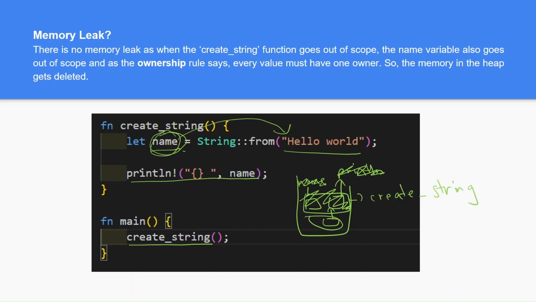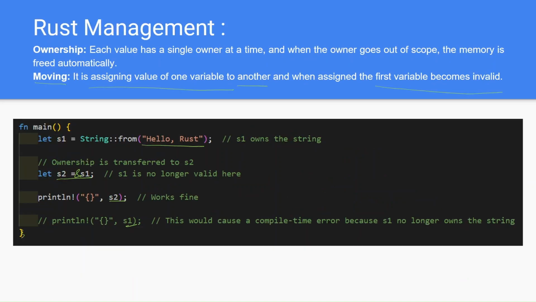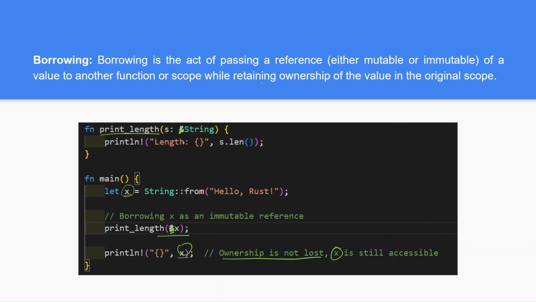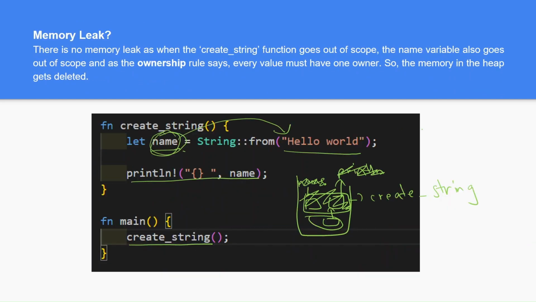And according to the rule of ownership, if the owner goes out of scope, the memory is also freed automatically. So the heap memory which had the value hello world will be freed automatically, and the heap memory and the stack frame will all be deleted, hence executing the program perfectly. All right.